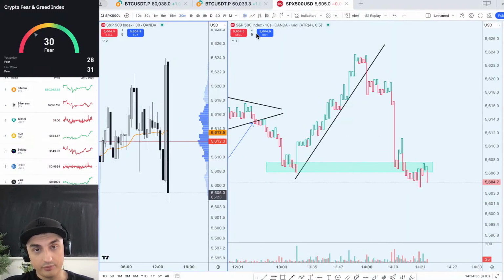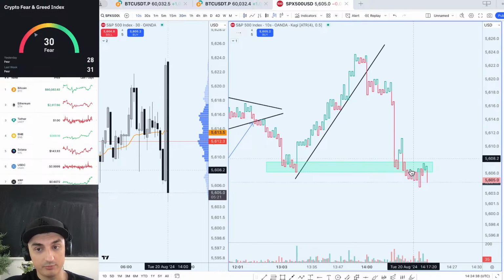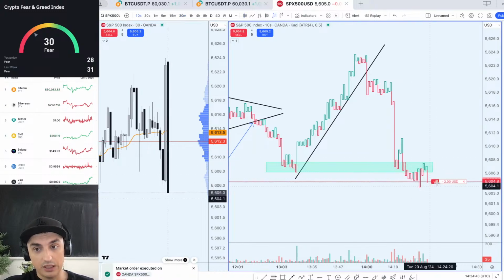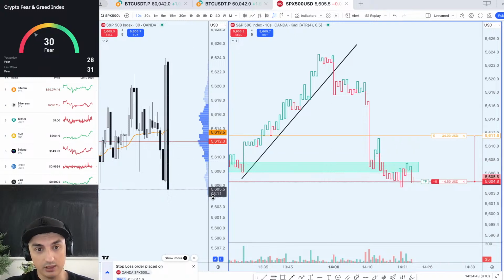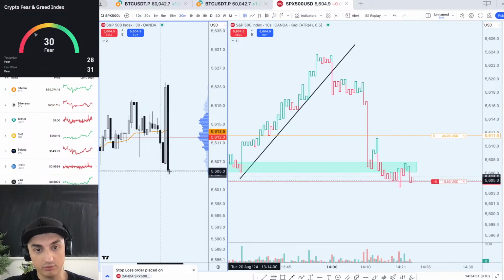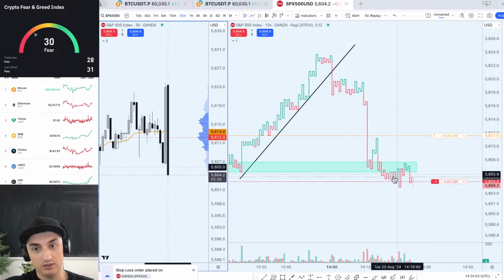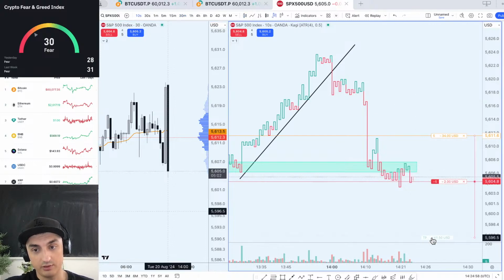We got this retest on S&P. I'm going to take a small short. I don't want to take too much risk over here, but it looks like we could potentially break through 600s in a few minutes.